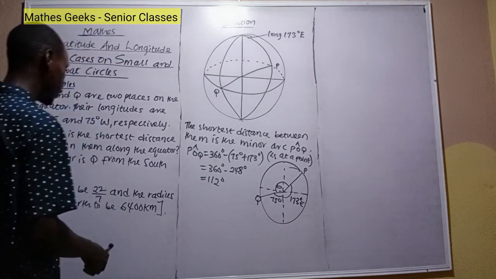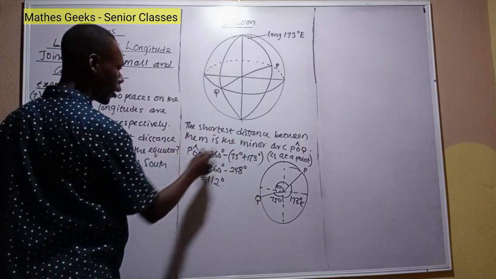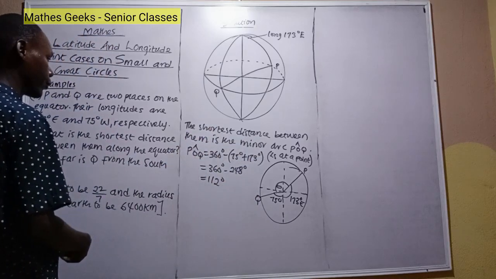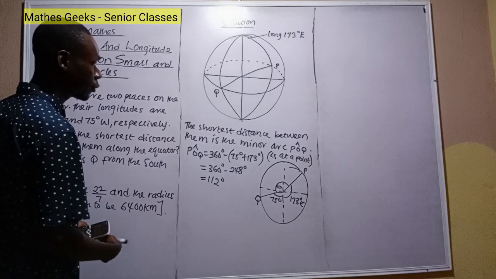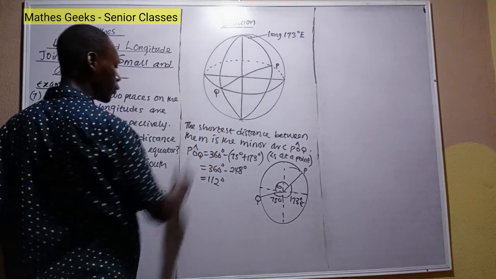So the shortest distance between them is the minor arc POQ, and since it is on the equator, that's a great circle.